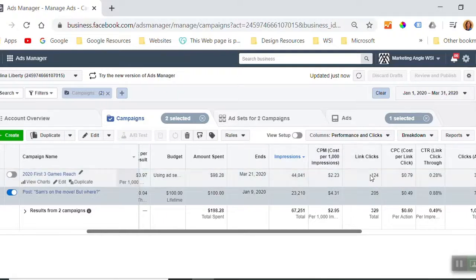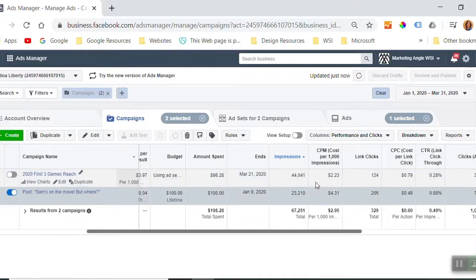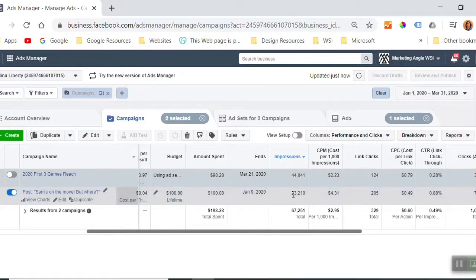How many times does Facebook give your ad some love and show it out there to people? And they don't give some ads some love, let me tell you. So this shows that this was out there on the screens at least 44,000 times. This one here was out there on the screens 23,000 times.